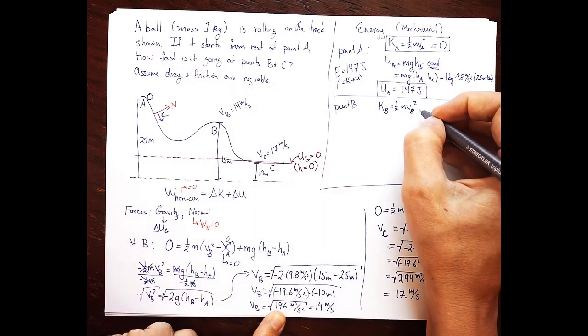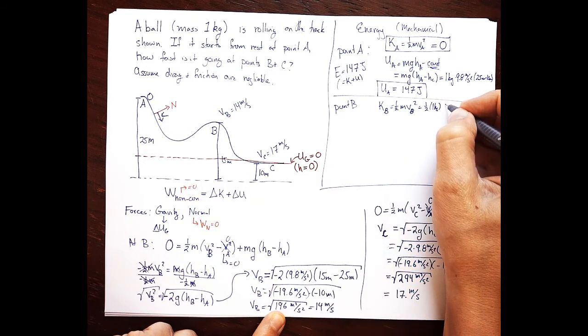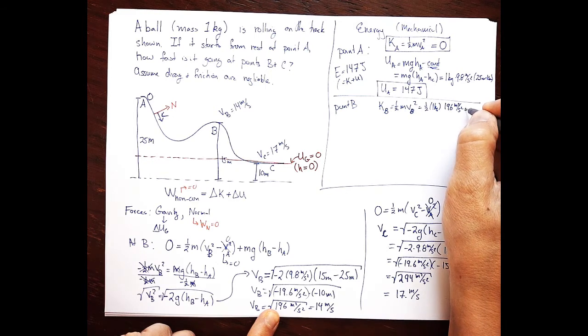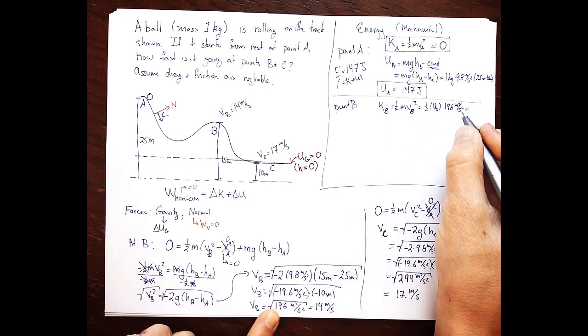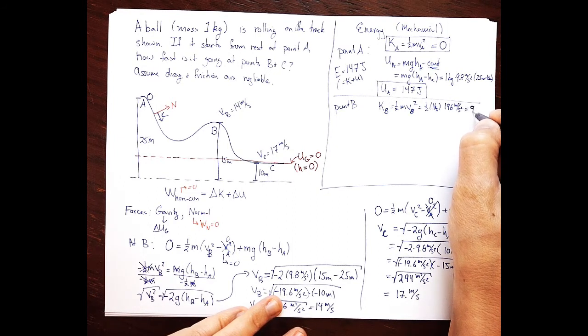The mass is 1, so 1/2 times 1 kilogram times 196 meters squared per second squared. And again, I got that just by squaring that number, or by simply failing to take the square root. And when I plug that in and do the math, I get 98 joules.